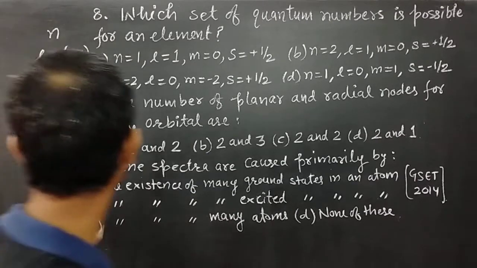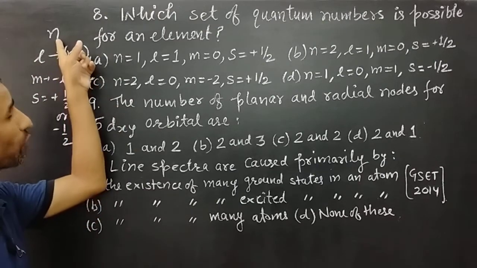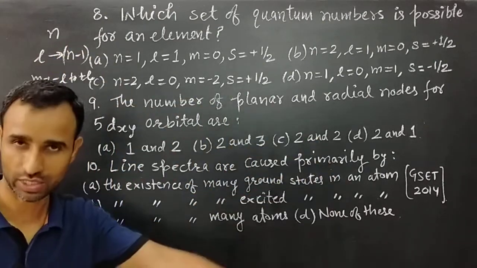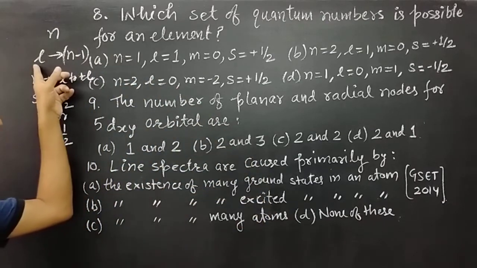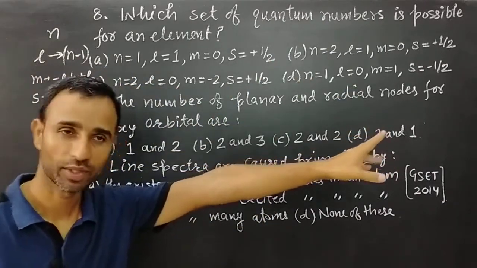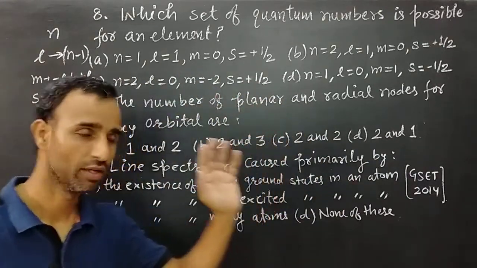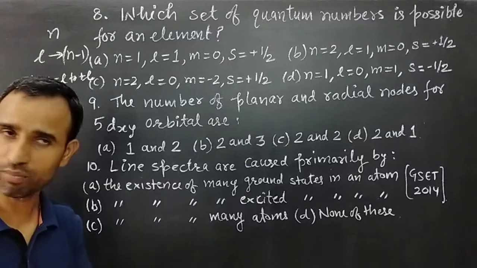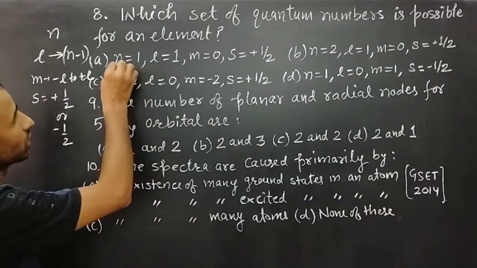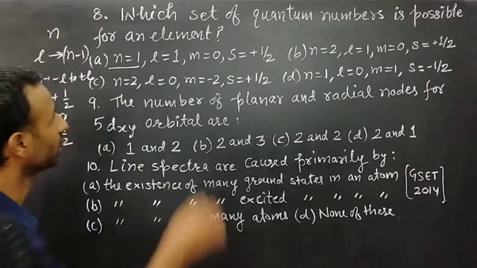Okay. For given n, L values are 0 to n minus 1, since n starts from 1 onwards, m is from minus L to plus L, and s is plus half or minus half. Now n equal to 1, so L is only 0, but here L is 1.